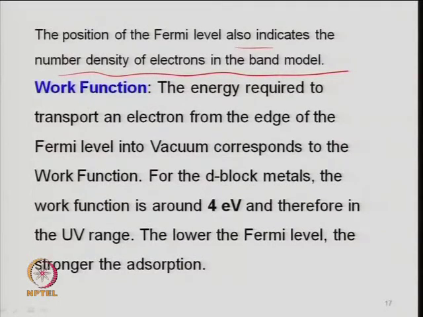The work function is the energy required to transport an electron from the edge of the Fermi level into a vacuum. After that the electrons are free to move. The vacuum energy minus the Fermi level energy is your work function. That is the energy you need.